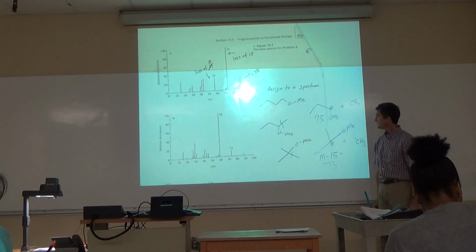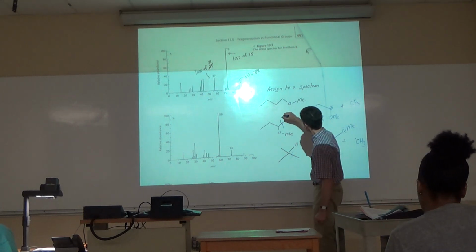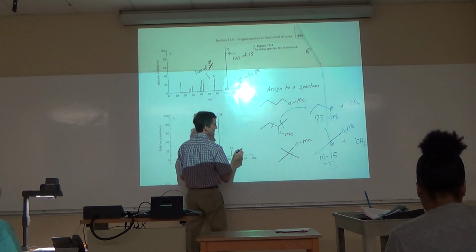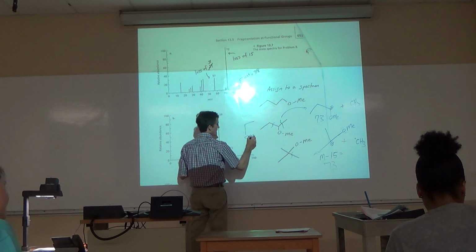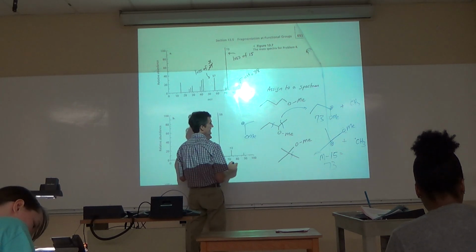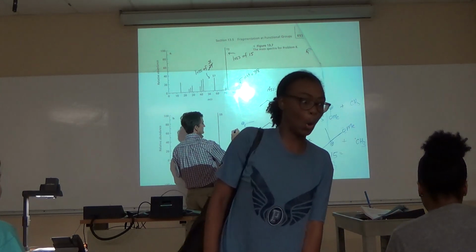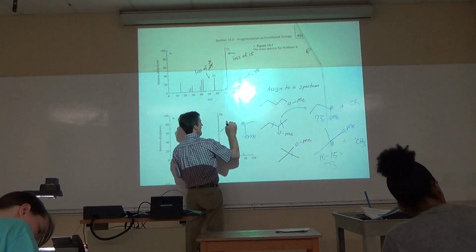We can do another alpha cleavage up here, though. Could we also cleave over here? And that would give that cation plus what? Plus an ethyl radical.